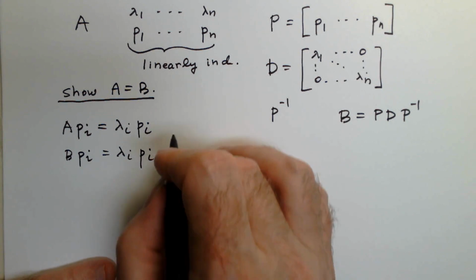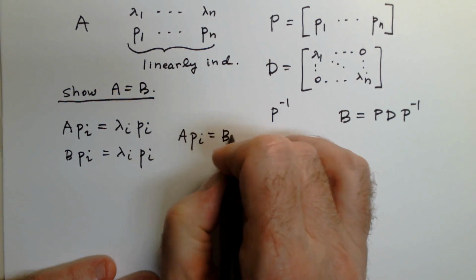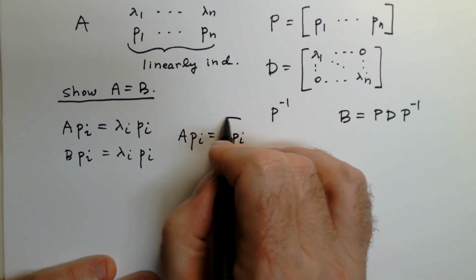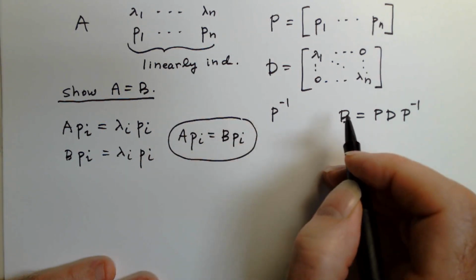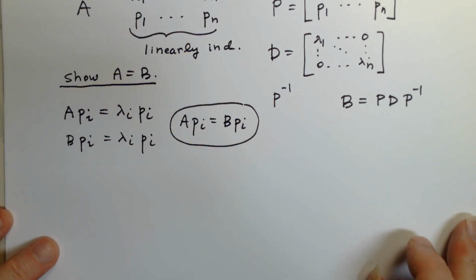So what this is telling us is that A at P sub i and B at P sub i are equal. And this is true for every single eigenvector in the list P1 through Pn.